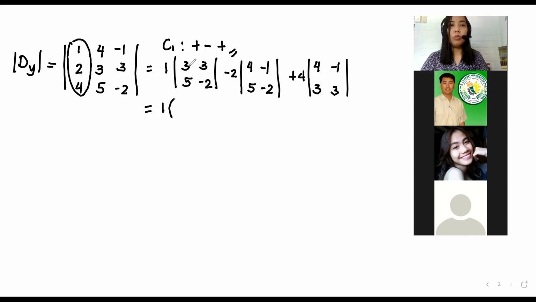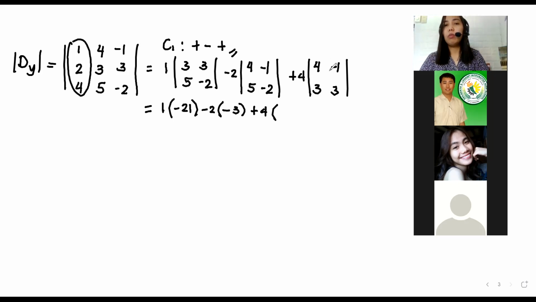Okay, so let's continue. 3 times negative 2, it's negative 6 minus 15. Negative 6 minus 15, negative 21. Minus 2, this is negative 8 plus 5. It's negative 3. Again, pwedeng isulat nyo step by step. 4 times 3, it's 12.